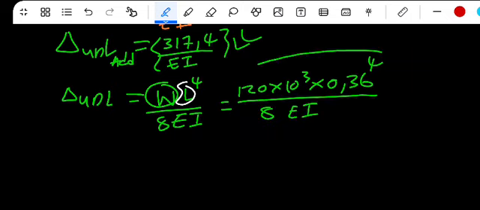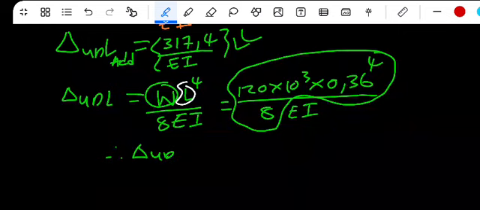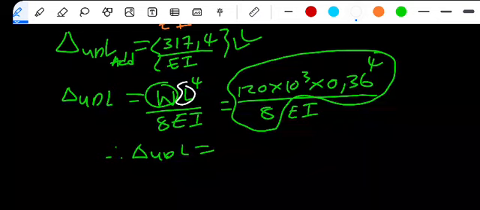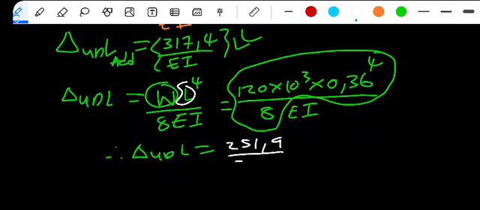You will punch this on the calculator, and the deflection due to the UDL part will be 251.9 over EI. You got that.